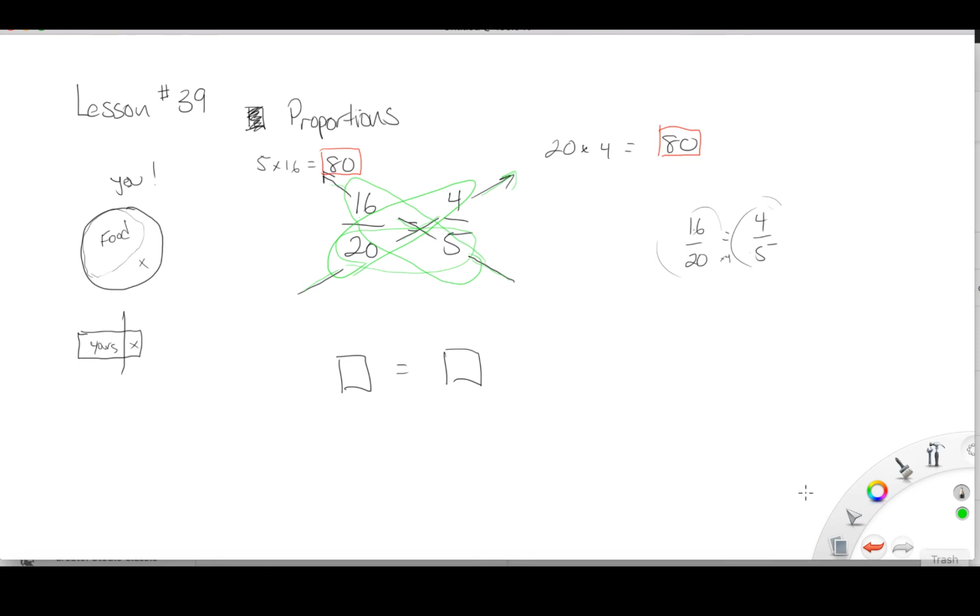And notice what they both equal. They both equal 80, which tells me that 20 times 4 and 16 times 5 both equal 80, which means that if I don't know a proportion, I can figure it out. All right, so that's what our lesson is all about today.